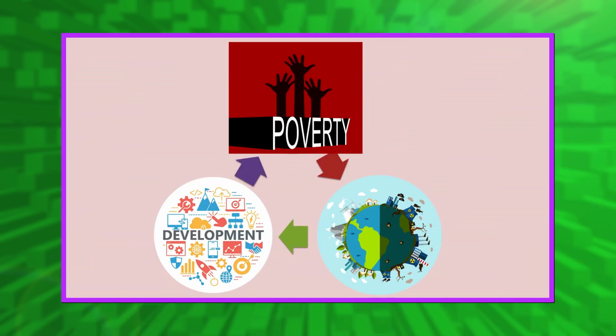It highlighted the intricate relationship between poverty, development, and environmental degradation. A key consensus reached in Rio was the acknowledgement that affluent nations bore an ecological debt to less prosperous nations due to the imbalanced consumption of natural resources in wealthier countries.